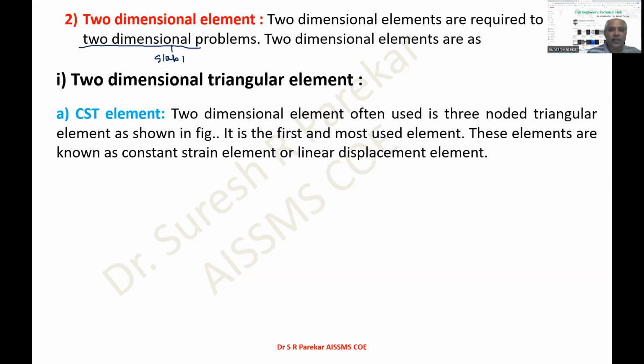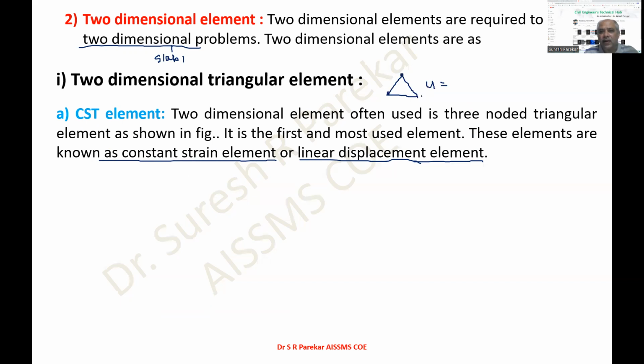Now in the triangular element, we first have the CST, that is, the constant strain element or linear displacement element. In detail, you will understand this when we go to Pascal. Whenever you write any displacement function for this CST triangular element, you have 3 nodes.